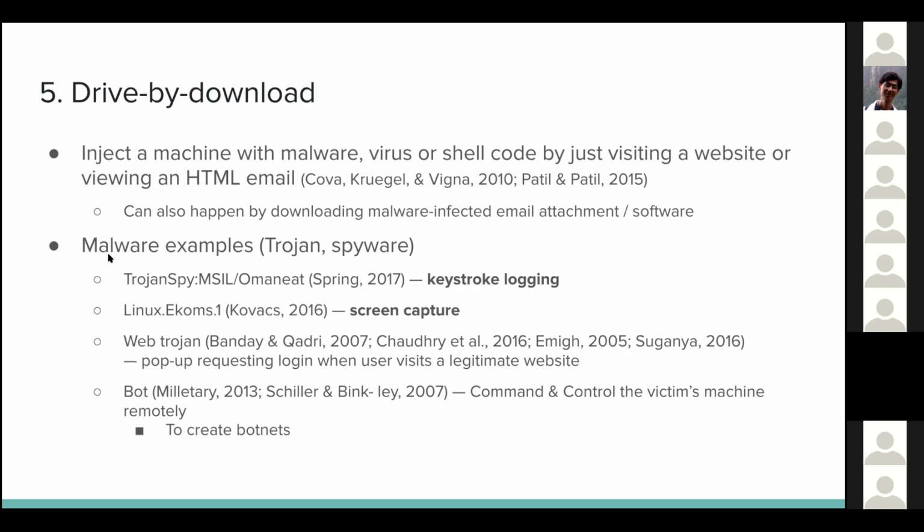Some examples of malware are keystroke logging and screen capture. If I download malware that does keystroke logging on my computer, then the attacker can capture when I enter my credentials into a website and send these credentials to the attacker. The same thing happens with screen capture.